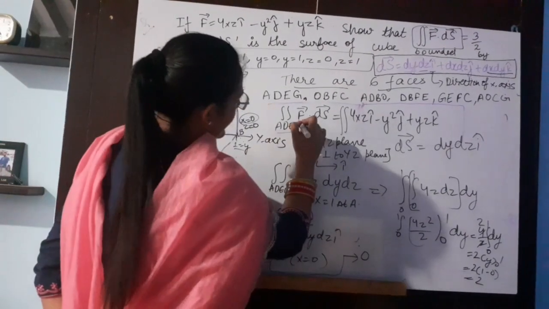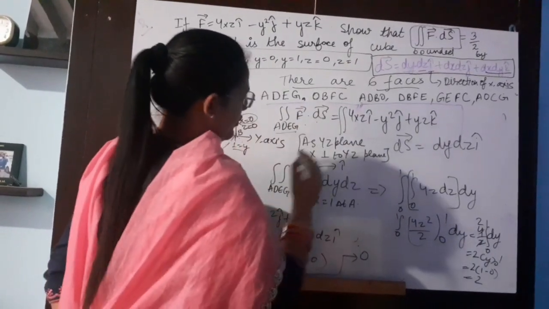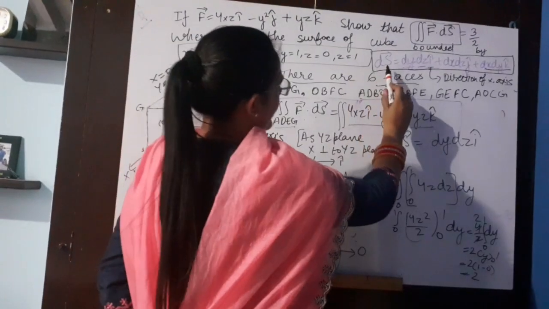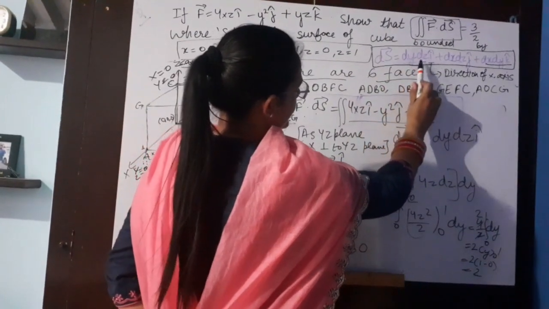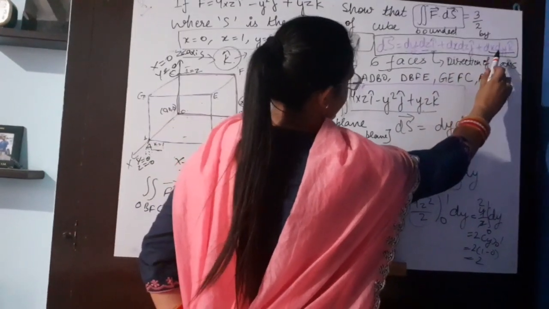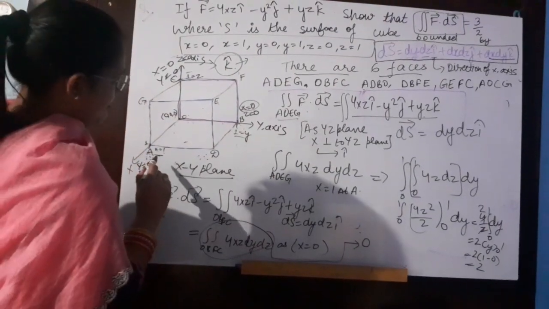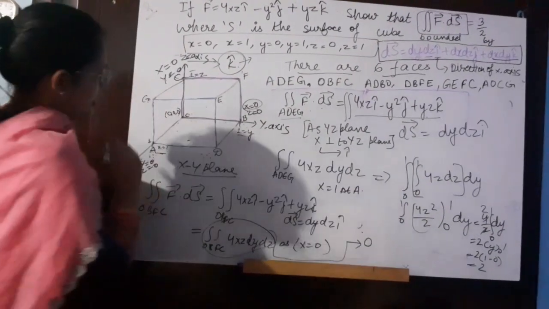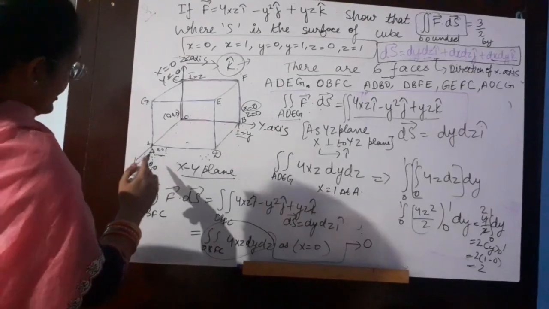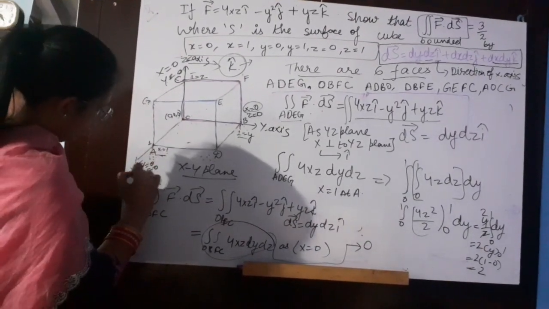For surface integral, we have F vector dot dS vector, and we know the value of F vector. As we know, the value of dS vector is equal to dy dz i cap plus dx dz j cap plus dx dy k cap. But now, as we have the face A, D, E, G, this is the yz plane and x is perpendicular to this.